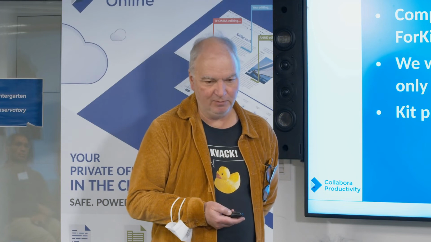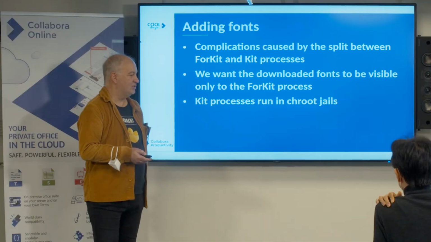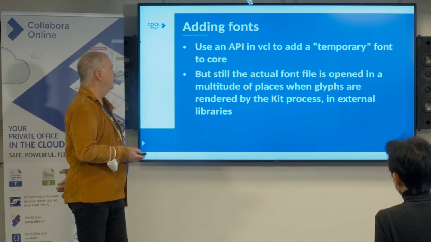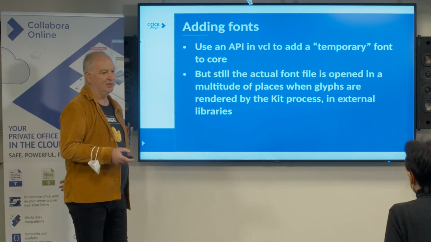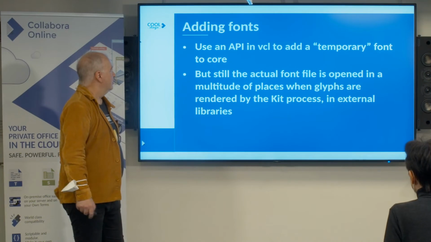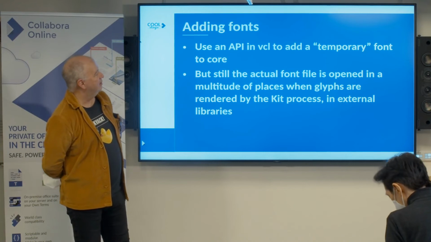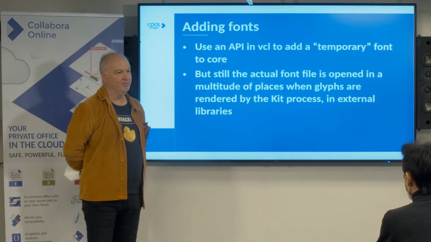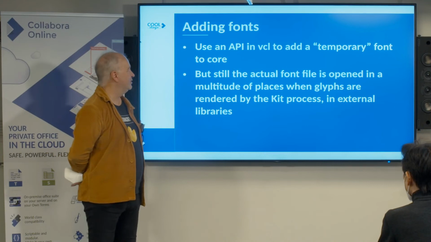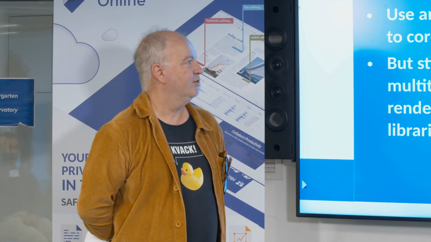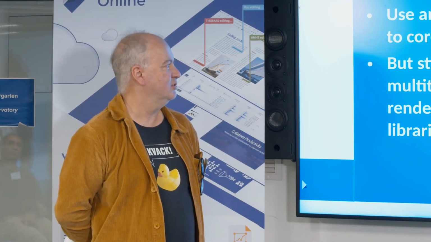So that means we can open the font files only in the forkit process, which is the process that starts running the LibreOffice core, and then the kit processes continue using the core APIs. There is an API in VCL, which is the graphics level inside LibreOffice core, to add a temporary font, and that is what is used.